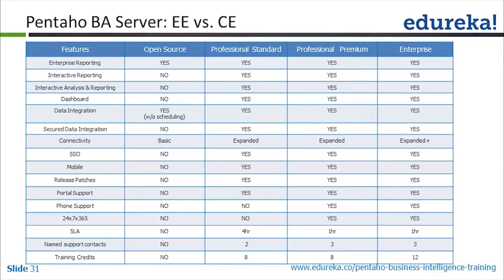And data integration: yes, PDI is available, but without scheduling. Through the web interface you cannot schedule it, but from the command line you can schedule the jobs and transformations. Secure data integration, like user role mapping and everything, is not available in community, and things like that.